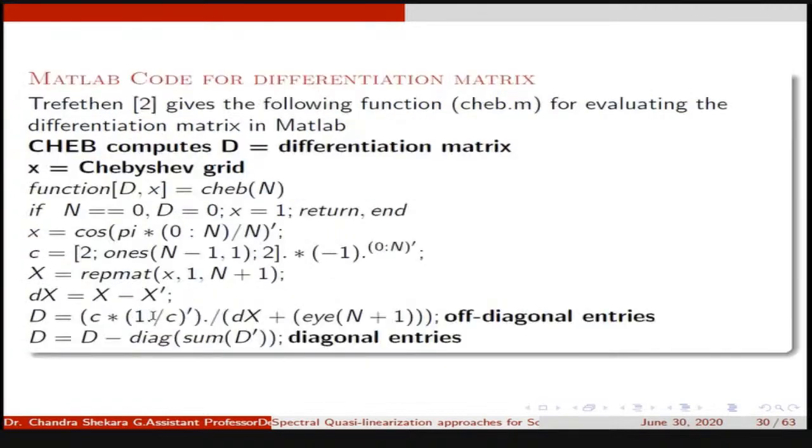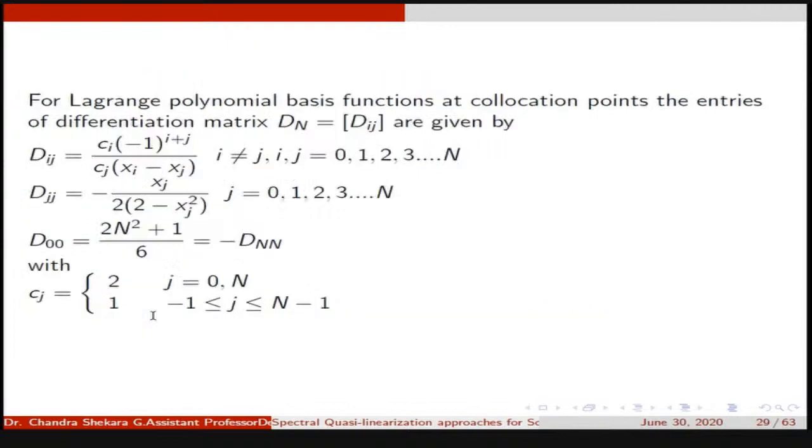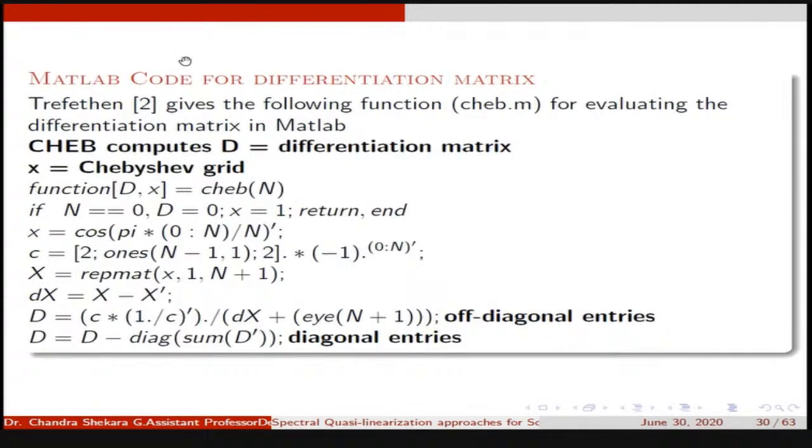This differentiation matrix is best explained in Spectral Methods by Lloyd Trefethen. He has given MATLAB code for the generation of this Chebyshev matrix. This is just for beginners. I've given the code here. This is available in Lloyd Trefethen's book called Spectral Methods Using MATLAB.